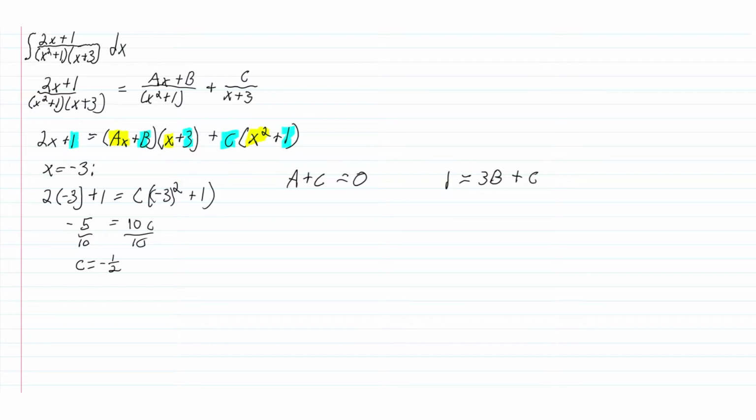And I think that might be everything we need to solve this, because we know what c is equal to. So we have a plus negative 1/2 is equal to 0. So we know a is going to be equal to 1/2. And then on the other side, we have 1 is equal to 3b, and then plus another negative 1/2.